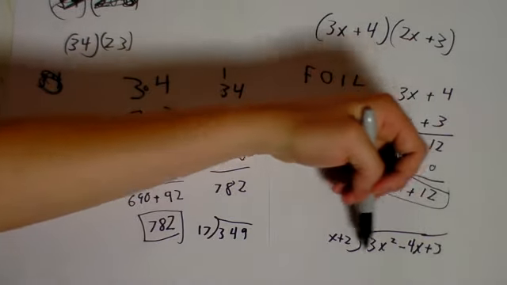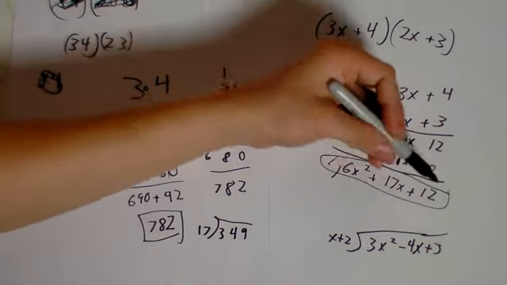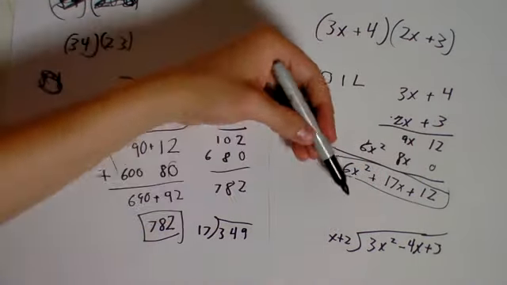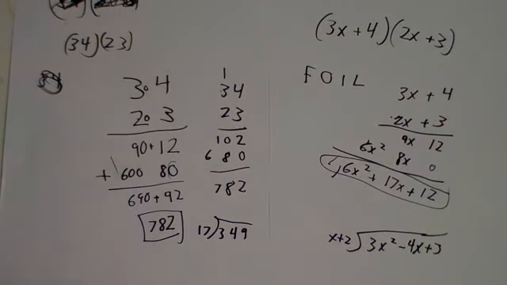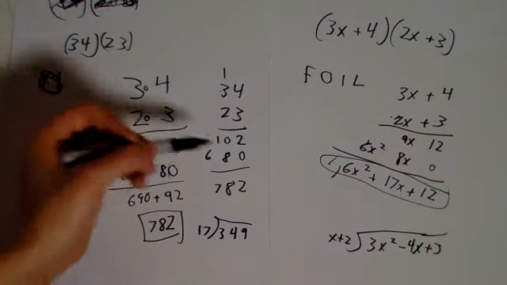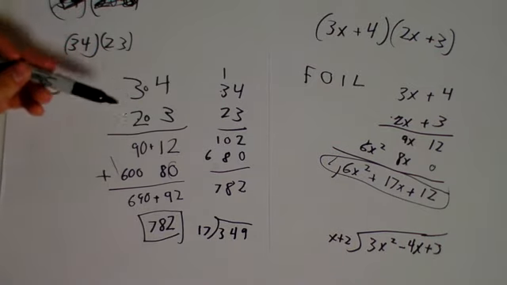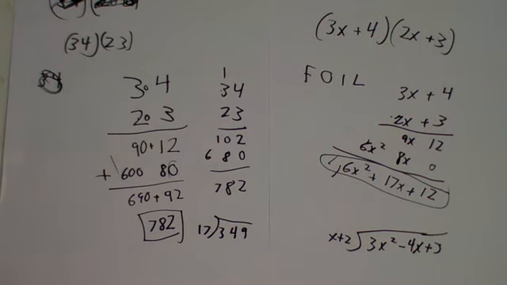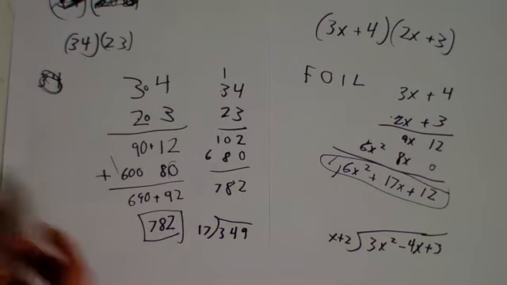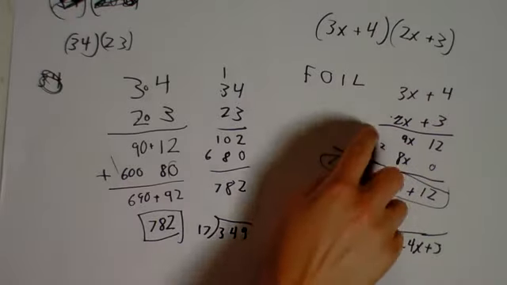The algorithm or process is a little bit more complicated, but it's really exactly the same thing. It's divide, multiply, subtract, bring down, divide, multiply, subtract, bring down. So when we do algebra, we're really just doing arithmetic, but we're doing it in base x instead of in base 10.